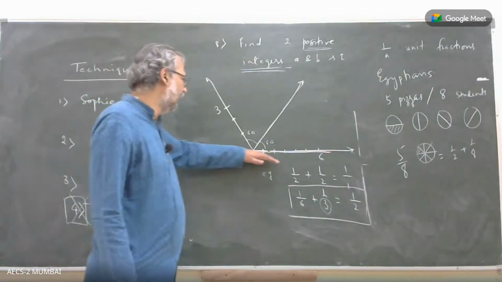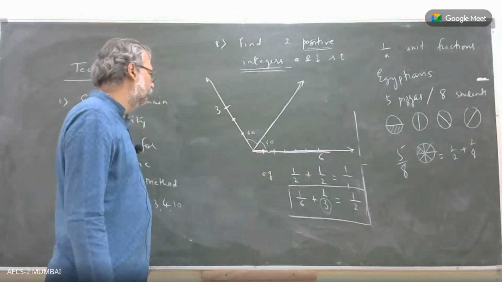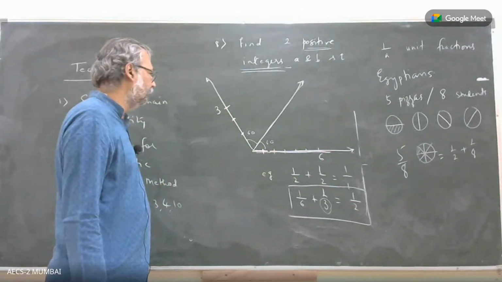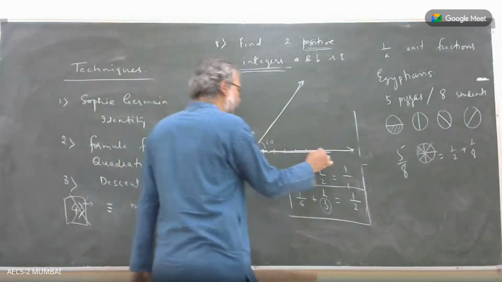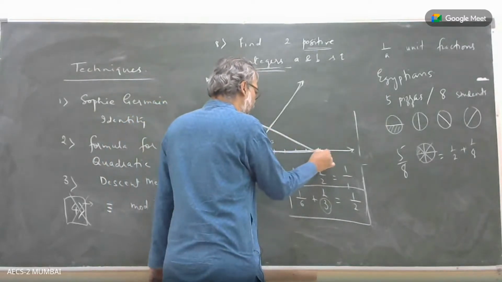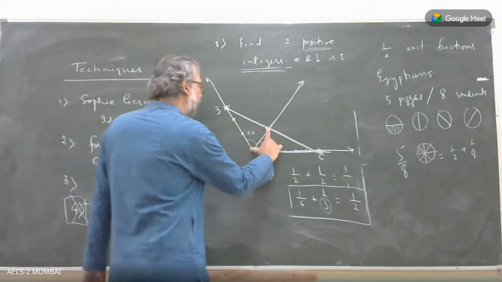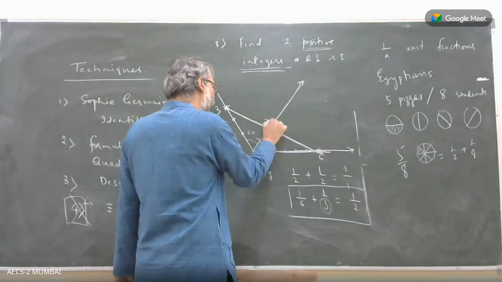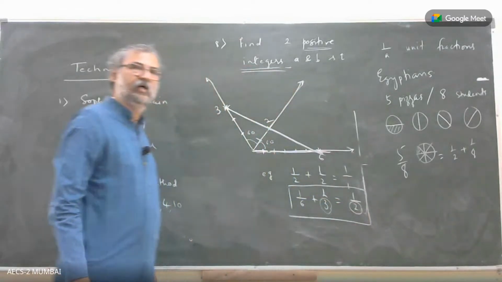Keep the same scale. Whatever you are choosing here, keep the same scale here. And now simply join this and this by a straight line. Okay. Here you will get the answer. This is where you will get the answer.